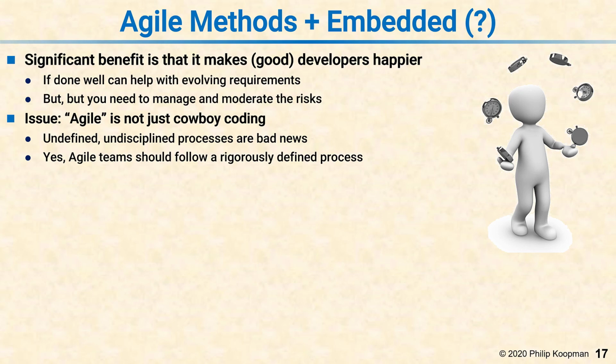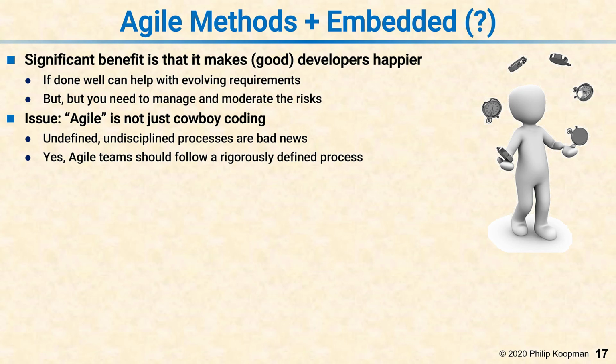So Agile doesn't mean do whatever you want. It means a different process model that you actually have to follow for this to work, that has different trade-offs in a different organization. Undefined, undisciplined processes are bad news. And yes, Agile teams should follow a rigorously defined process. If there's an Agile team and you say, what process are you following? And they look at you and you say, draw it on the board. If they can't draw it on the board, they're not Agile. They're probably just going around doing stuff and claiming they're Agile.